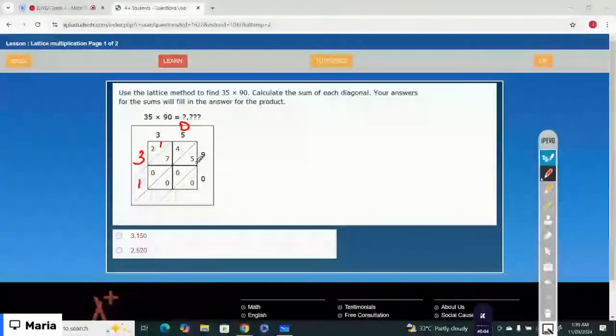And then for this one, this is the ones and this is the tens. So add this first 0 and then add this diagonal. 5 plus 0 is 5. So you can write the answer like this, 3150. So option number 1 is the correct option. That is 3150.